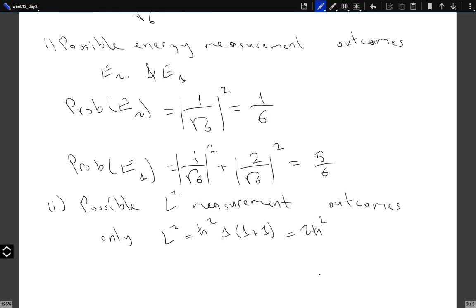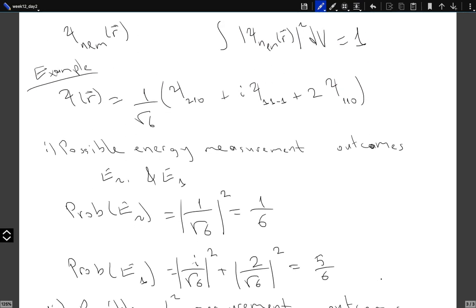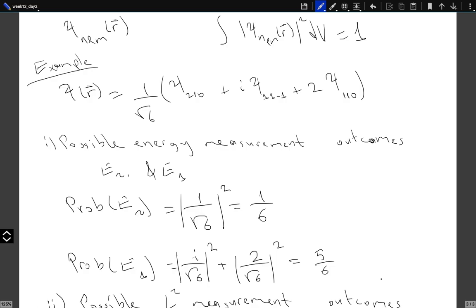Well, let's see if they are all in the same direction. If they are all in the same direction, then all the Lz measurements should give me the same value, right? So what are the possible Lz outcomes?